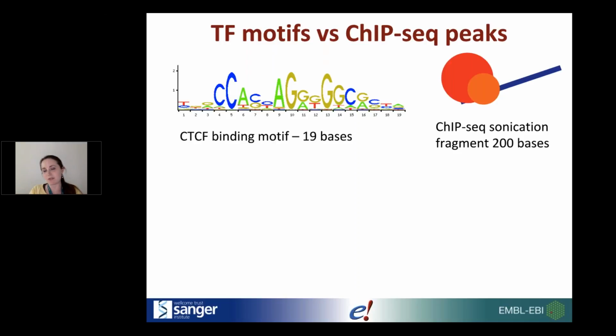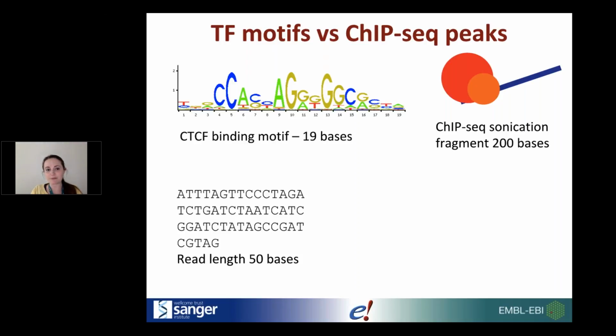But when we do the ChIP-seq fragmentation, we actually get much bigger pieces of DNA than that 19 bases. So we get about 200 bases in each fragment. And of course, they may be off-center. They're not necessarily right in the middle of the binding. You won't find the motif in the middle of the fragment. You may find the motif right at the end of the fragment.